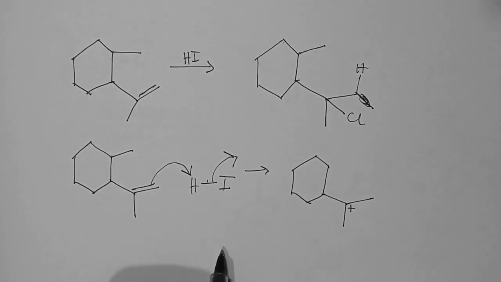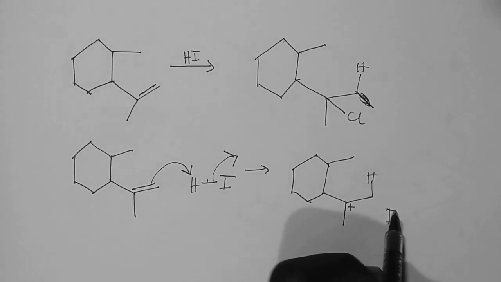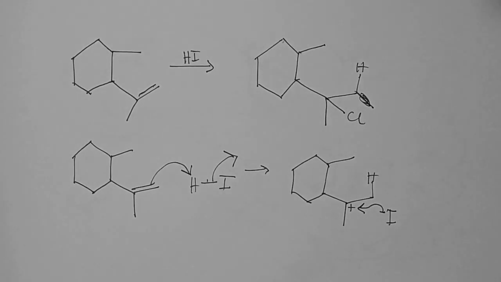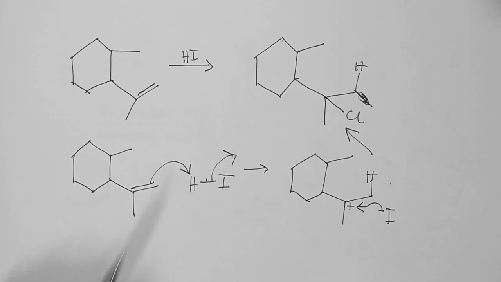So the plus is here, and then the proton is here. So I minus will come and donate its electrons here, and that will give us the final product, which is this product.